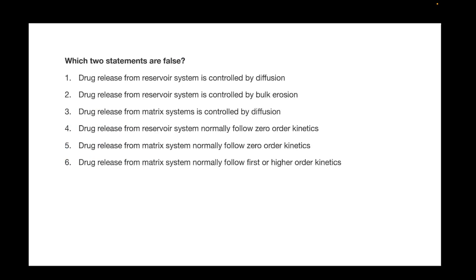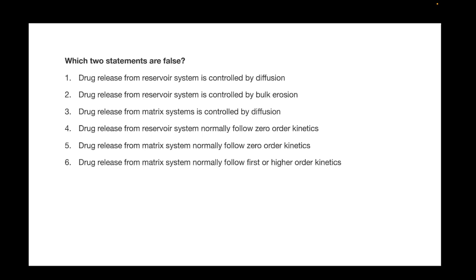This is the first question: which two statements are false here? The options are: drug release from reservoir system is controlled by diffusion; drug release from reservoir system is controlled by bulk erosion; drug release from matrix systems is controlled by diffusion; drug release from reservoir system normally follows zero order kinetics; drug release from matrix system normally follows zero order kinetics; or drug release from matrix system normally follows first or higher order kinetics.